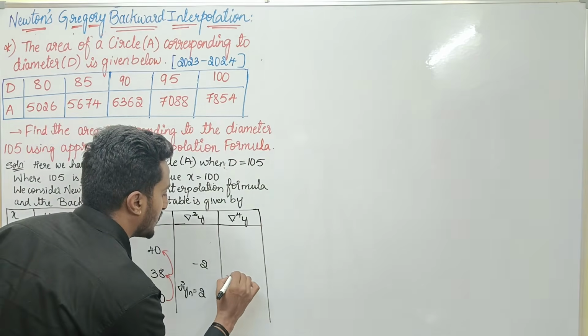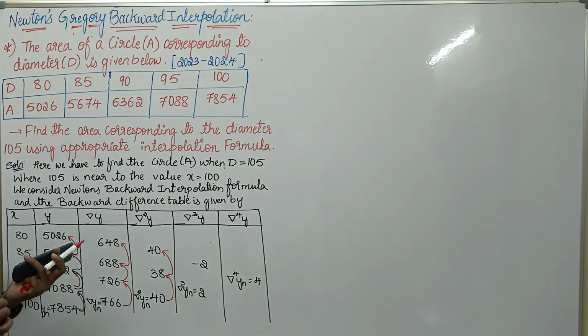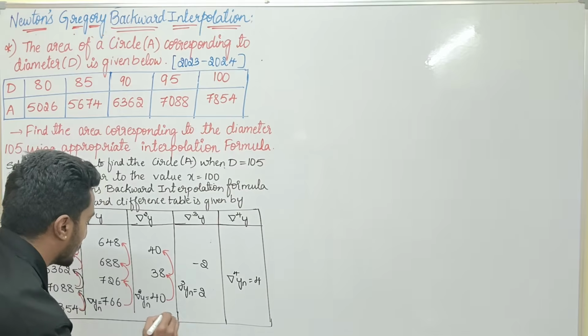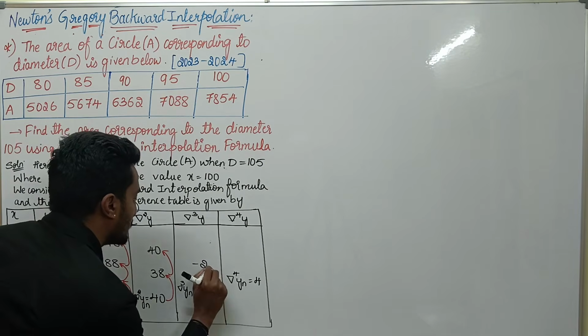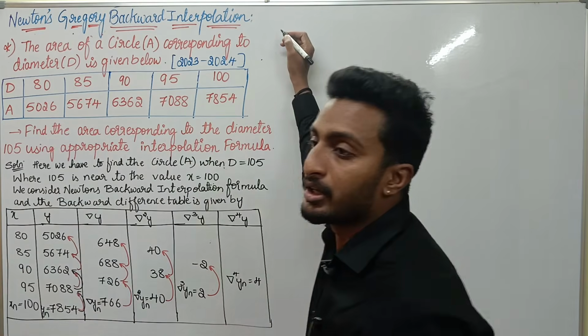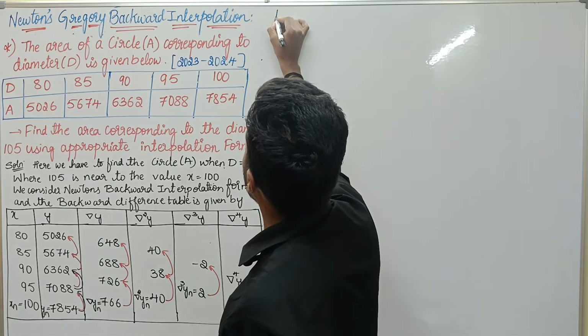This I represent as backward 4 yn equal to 4. These are the required backward differences for representation of the formula.